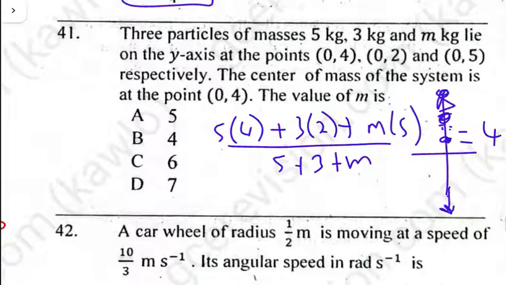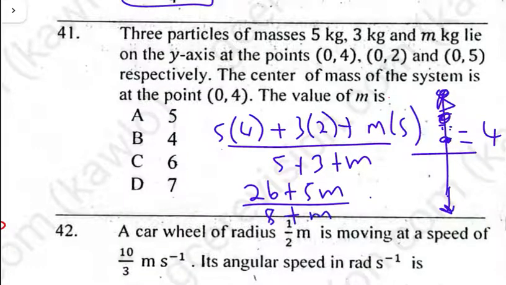This is for the y. 5 times 4 is 20, plus 6, 26 plus 5m, all this on 8 plus m is equal to 4.